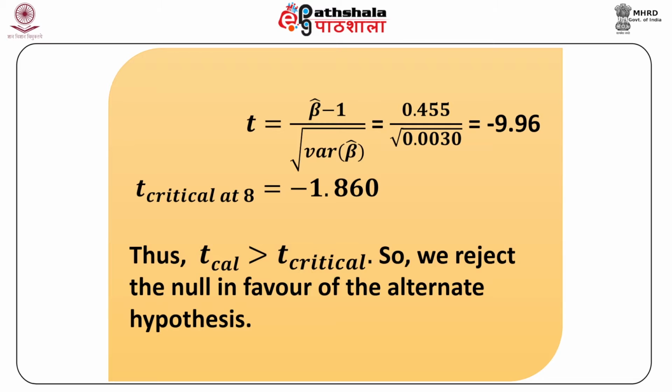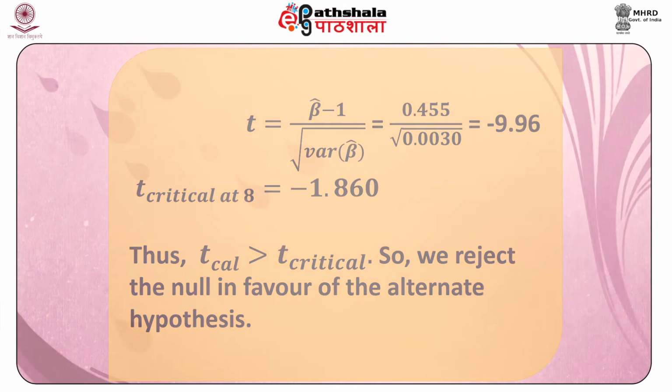Now substituting from our calculations, our numerator is 0.455 and the denominator is under root of 0.0030, and this on simplification comes out to be minus 9.96, and the critical value for 8 degrees of freedom is minus 1.860. So what do you think you would be concluding? We can see that it is greater than the modulus critical value, so we reject the null hypothesis in favor of the alternative hypothesis.